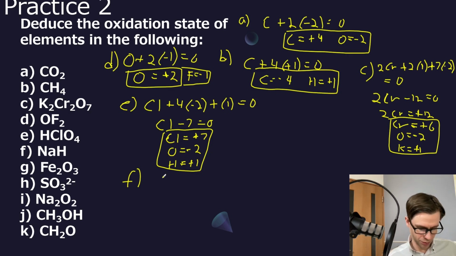We know what sodium will do, and hydrogen, when with a metal, will go minus. We'll still use it as the unknown though, so H plus 1 for sodium equals 0. H equals minus 1. And sodium is plus 1, we assumed.